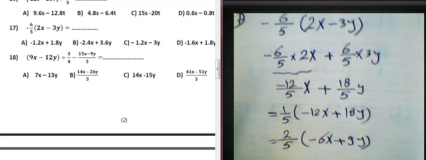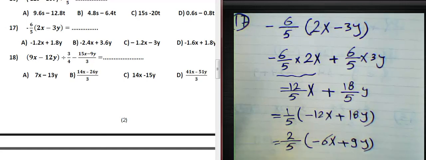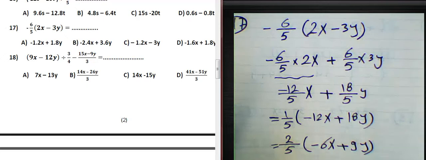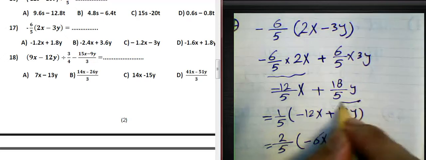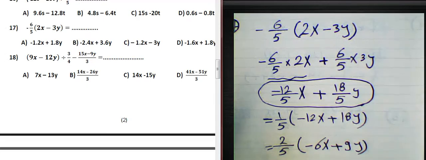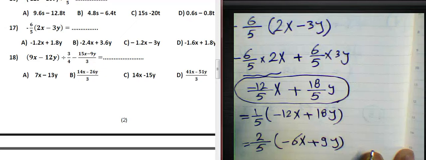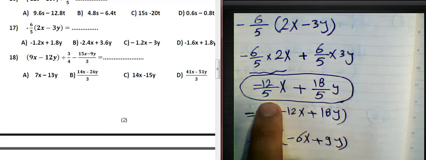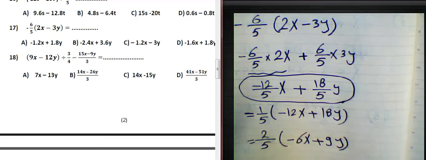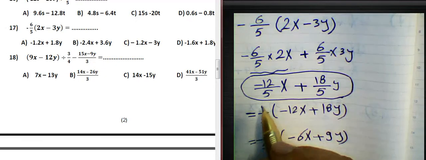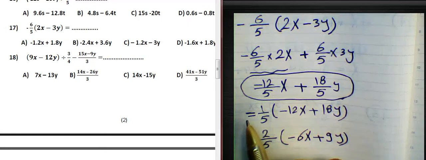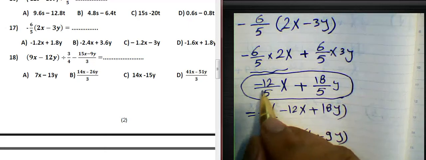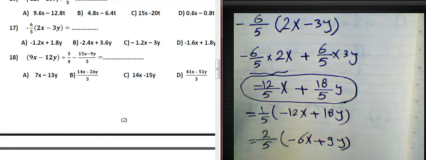Okay, check question 17. Look at the result. We convert to a decimal number. Never mind, it's easy. We can convert this expression to a decimal number, choosing 12 divided by 5. We can multiply numerator and denominator by 2 to convert from fraction to decimal. 12 times 2 equals 24.